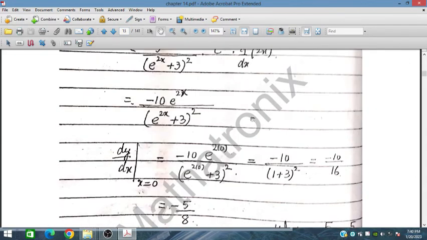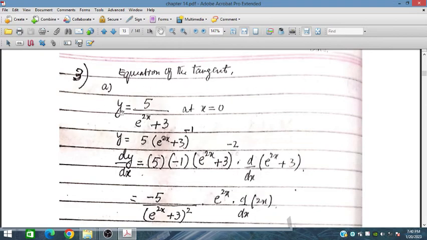Question number 3, part A. Y is given as this, and at x is equal to 0 we have to find the dy by dx. We have just placed this in the numerator with the minus sign, so it's easy.